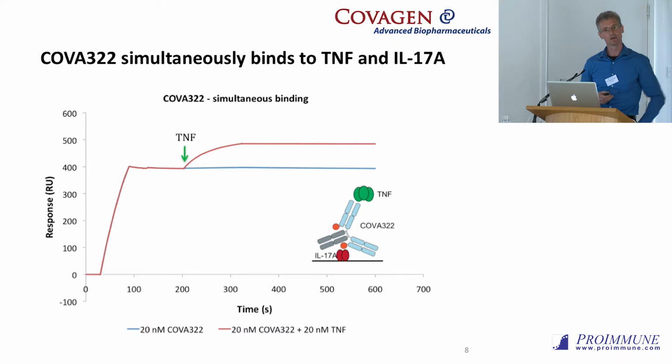I'm surprised that your IL-17 specificity seems to be better. So we have, that's actually not shown on this slide. It's just shown that the binding affinity and the potency in neutralizing IL-17A, if you do a head-to-head comparison, secukinumab and our molecule, we need less of the molecule.